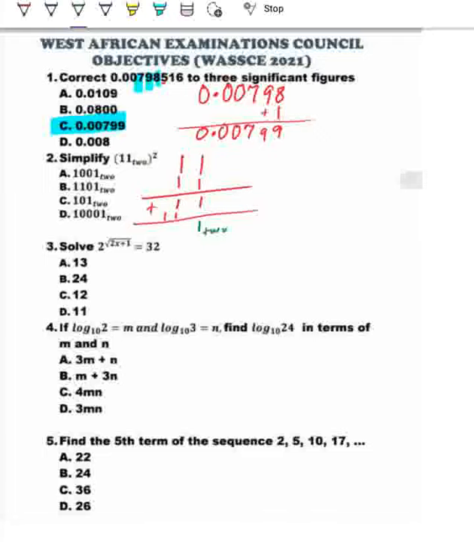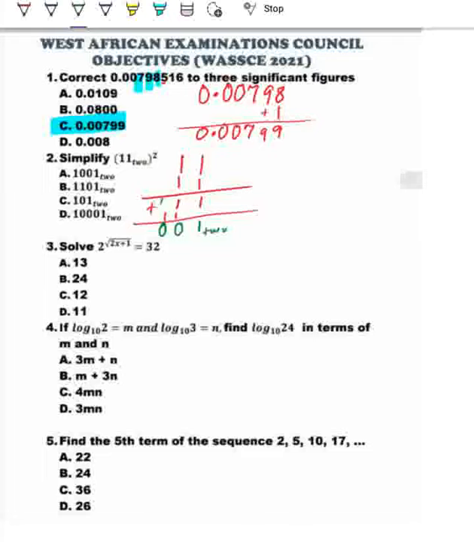So 1 plus 1 is 2. We cannot write 2 in a base 2 number, so we divide it by 2 and put down the remainder. 2 divided by 2 is 1 remainder 0. We take that 1 here. 1 plus 1 is 2. We cannot write 2, so we divide it by 2 again to have 1 remainder 0.